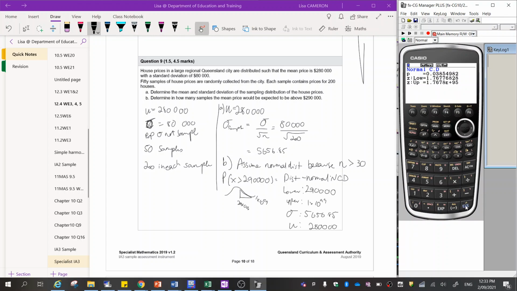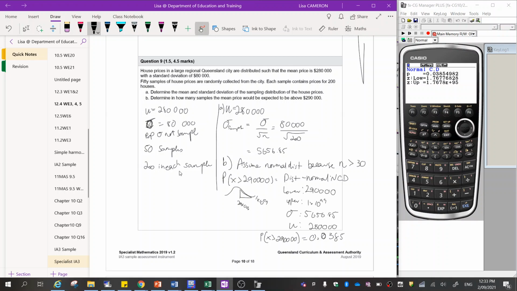Okay, and we get that our probability of this occurring is that number right there. So the probability that X is greater than 290,000 is equal to 0.0385. Okay, I'll round to 4 decimal places there.